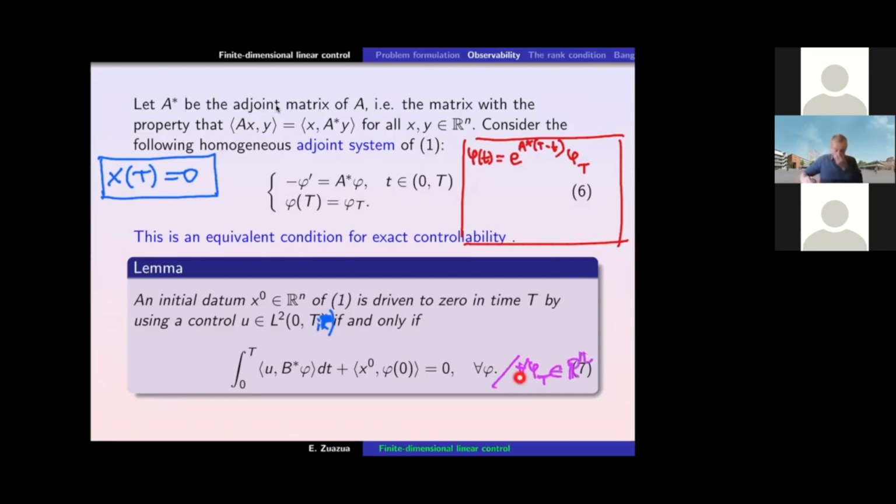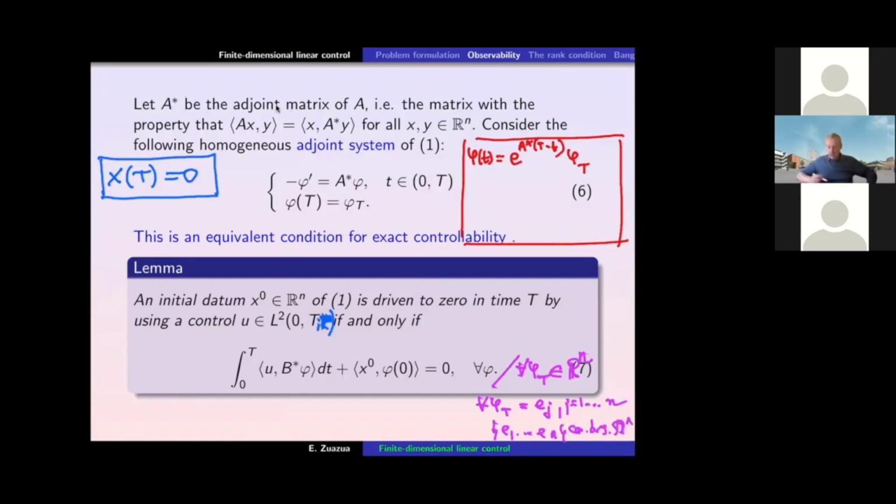The system being linear, the dimension of the space of initial data is just n. Therefore, checking that this is true for every phi_T in R^n is equivalent to checking that this is true for every vector e_j, for j from 1 to n, e_1 to e_n being the canonical basis of R^n.